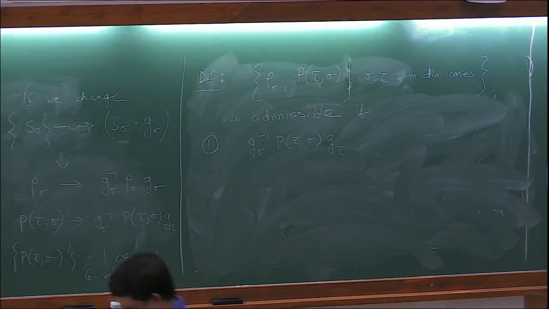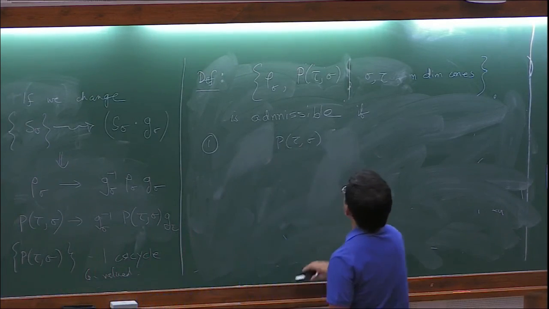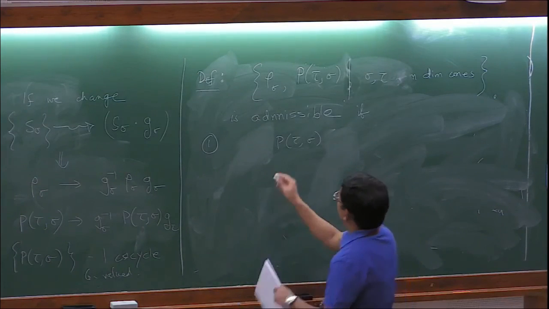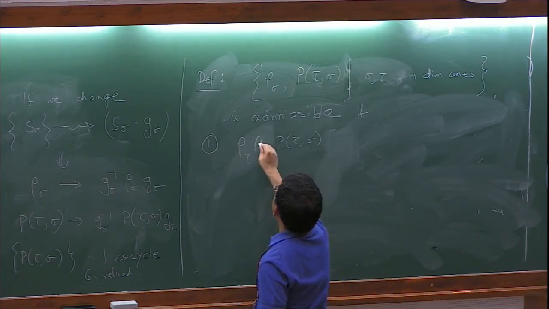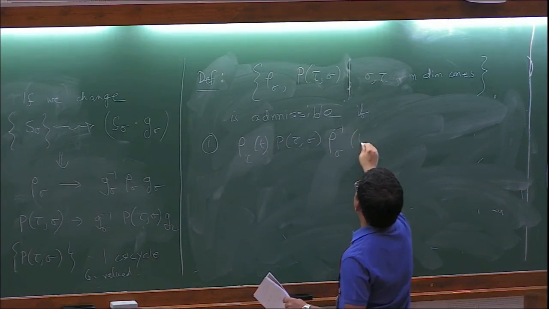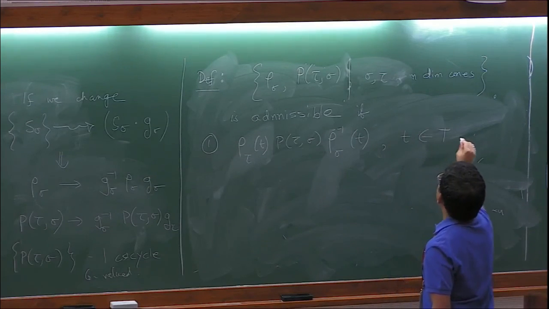Okay, maybe I'm getting confused. So better, look. Okay, sorry, not this, but rho tau t, rho sigma inverse t, t in the torus.